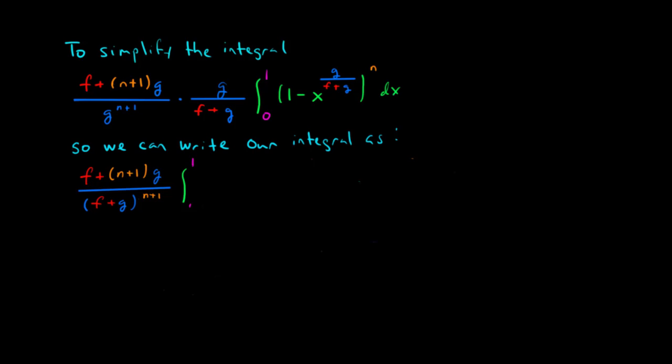We'll have f plus n plus 1 times g over f plus g to the n plus 1 times the integral from 1 to 0 of (1 minus x) to the g over f plus g, raised to the n, all over, here it is, g over f plus g, again raised to the power of n, dx. And now again I'm going to just put a big parentheses around both of these terms. They're both being raised to the n, so I can put it outside the parentheses there.